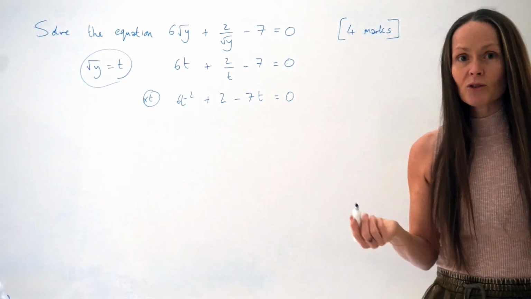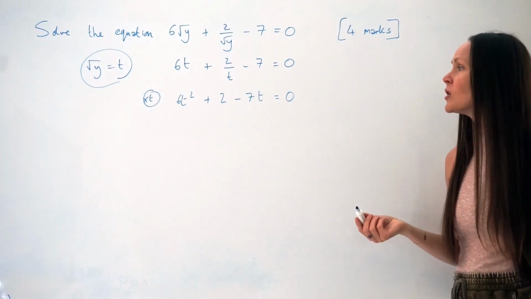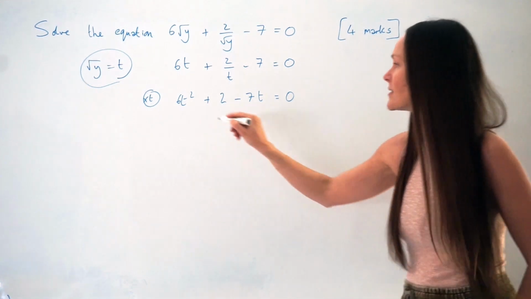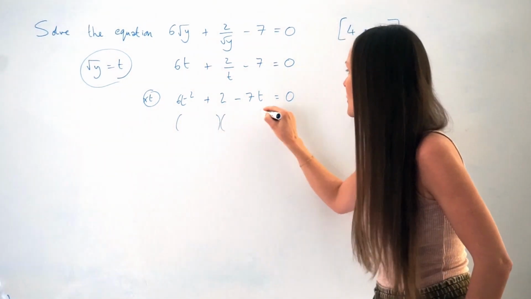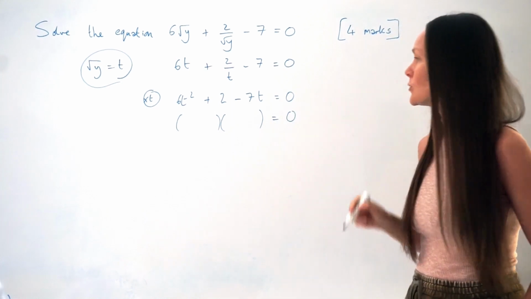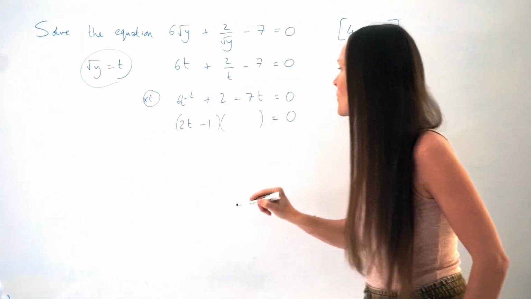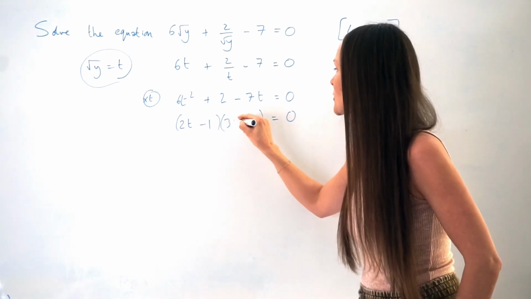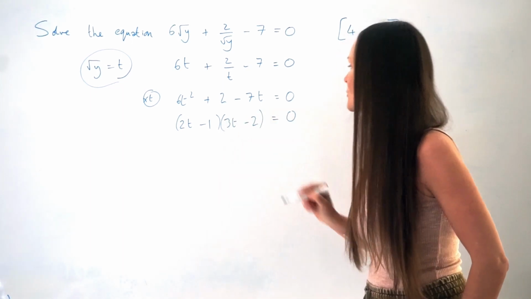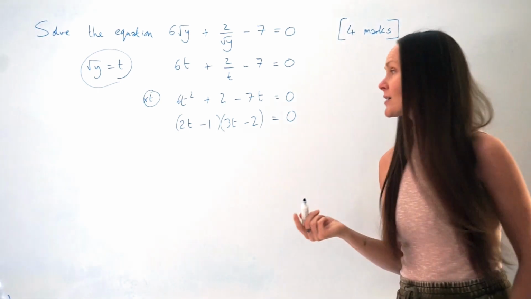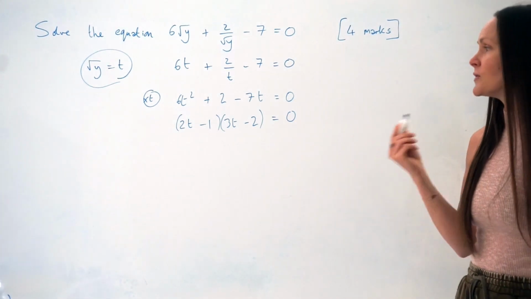You could use the quadratic formula to solve this equation, or in this one I'm going to factorize, as I can factorize this one. So I'm going to put that quadratic into double brackets. In one bracket I have 2t minus 1, and in the other bracket I'm going to have 3t minus 2. Now that it's factorized, I can find my values of t.